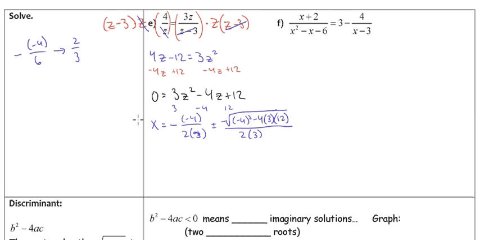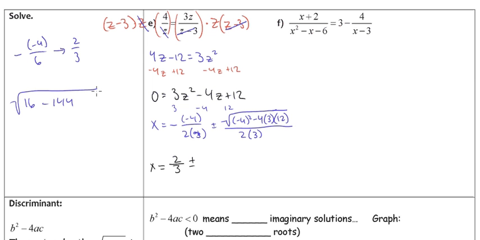So x is equal to 2/3 plus or minus. Now here the radicand is going to simplify down to negative 4 squared. That's the square root of 16 minus, well, 4 times 3, that's 12, and times another 12, so minus 144.